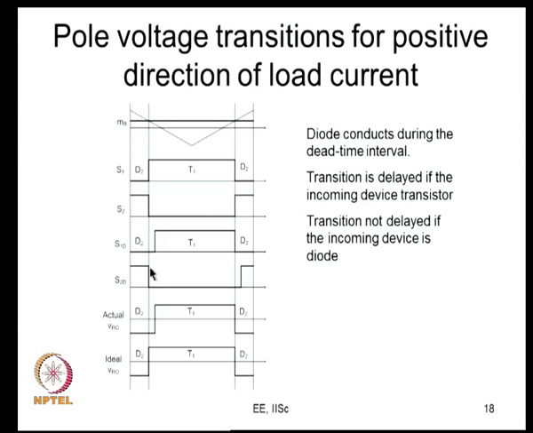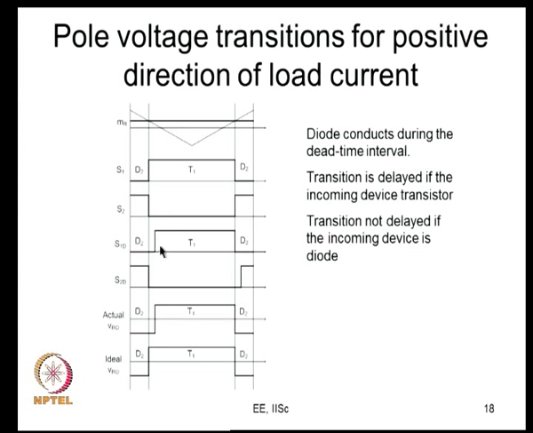So, once again what happens here, again the falling edge is wherever it was originally, but the rising edge has been delayed, and there is this amount of time which is the dead time now. Who is going to conduct during the dead time duration? You see that once again both the signals S1D and S2D are concurrently low, and therefore, neither of the transistors can conduct, it is only one of the diodes that has to conduct, and which diode? It is D2.